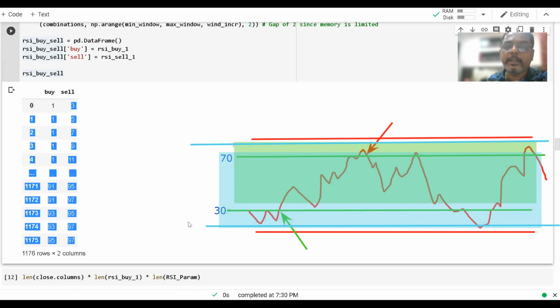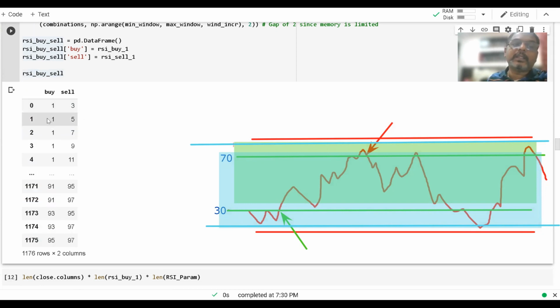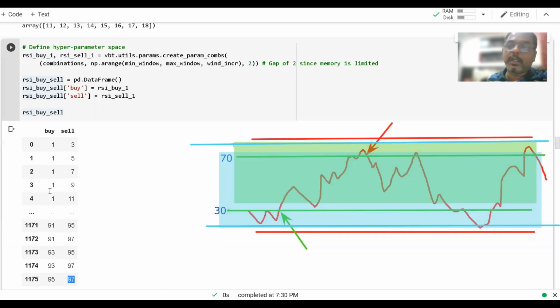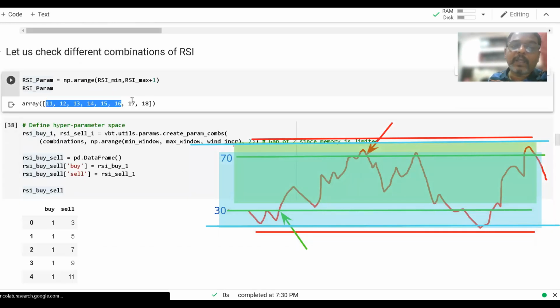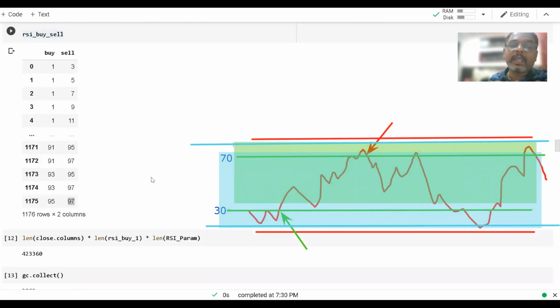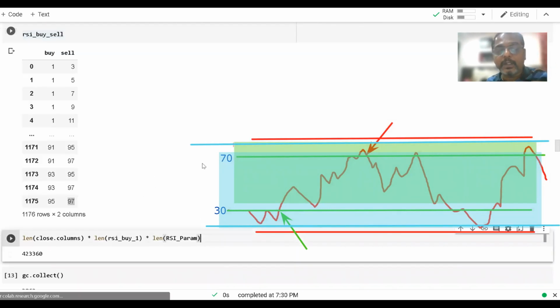First 1 and 3, so buy when it crosses 1 and sell when it crosses 3, and then 1 and 5, then 1 and 7, 1 and 9, 1 and 11, and so on and so forth. 1176 combinations. The last one is 95 and 97. So we are going to be testing a total of about 1076 transactions, the combinations of RSI, the RSI value itself, about 8 of them, and on 45 different stocks.